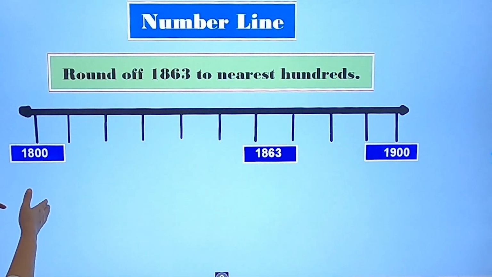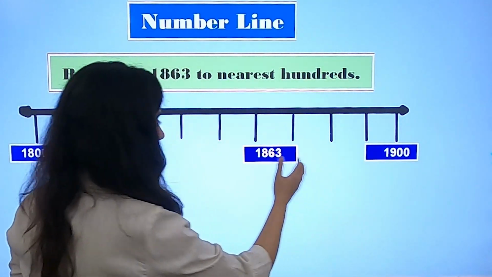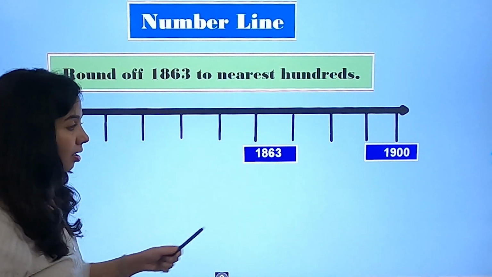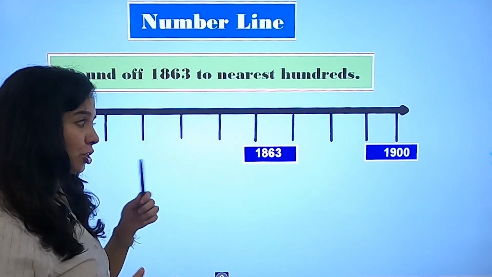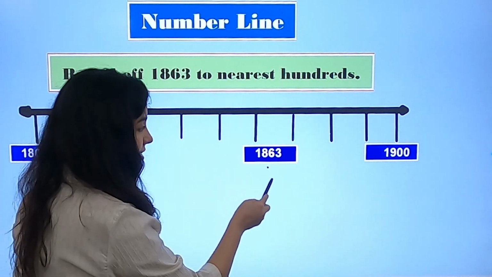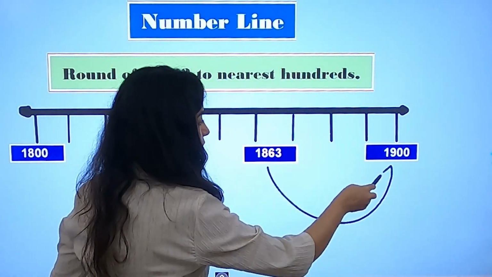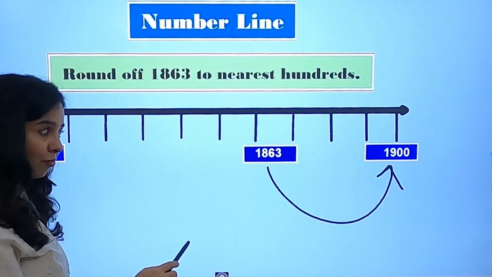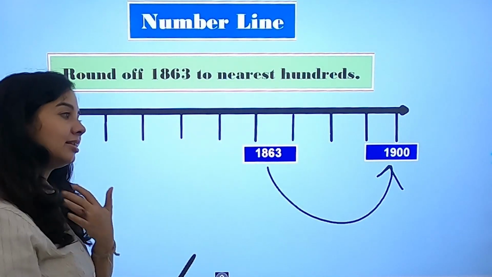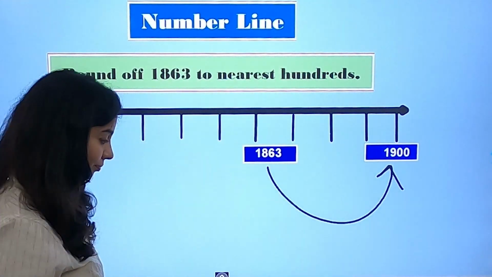It lies between 1800 and 1900. So 1863 will be somewhere here. Again, just by looking at the number line, we know that this 1863 is closer to 1900. Therefore, after rounding off to nearest 100, we'll get 1900.